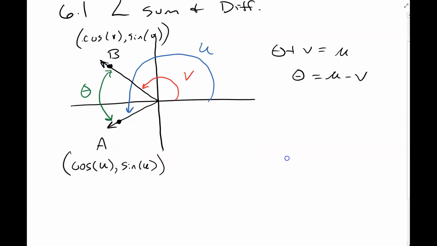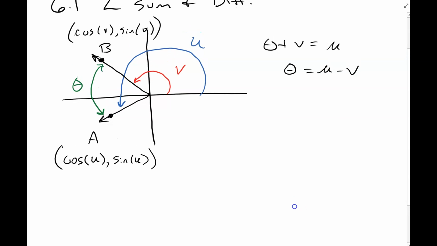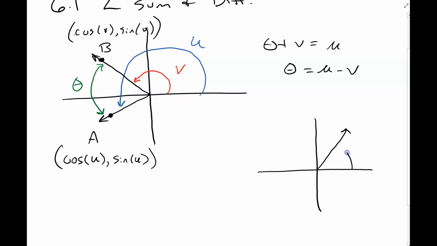So what I'm going to do now, just to make the notation a little bit easier on us, is rewrite this angle theta so that it's in the first quadrant.